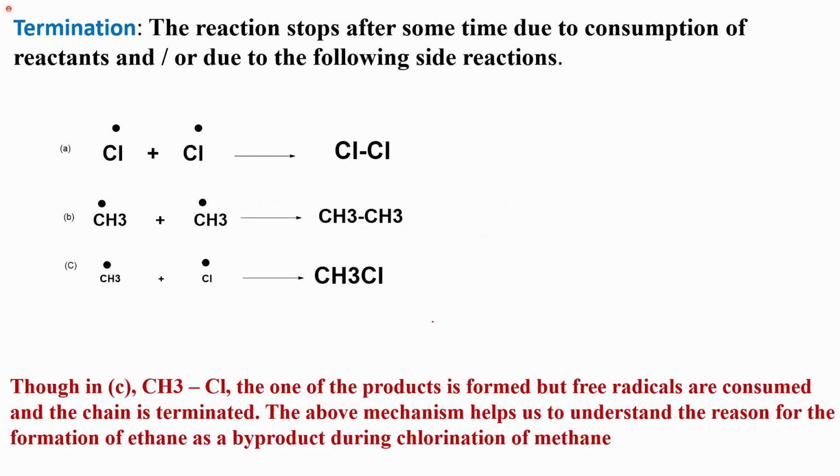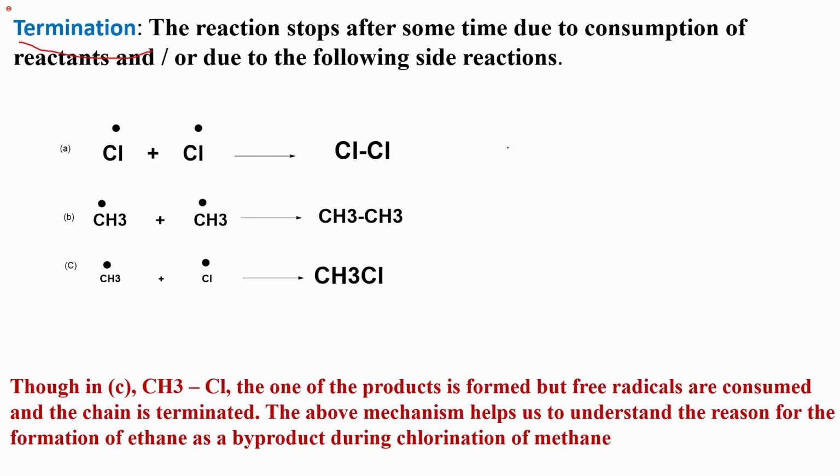We already know. Now the main point is the termination step. So what is the termination step? Termination step means the reaction stops after some time due to the consumption of the reactant. Termination itself is saying that your reaction got terminated. That means your reaction is not going forward. So somehow my reaction is prohibited by something.